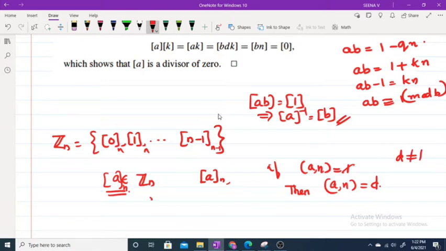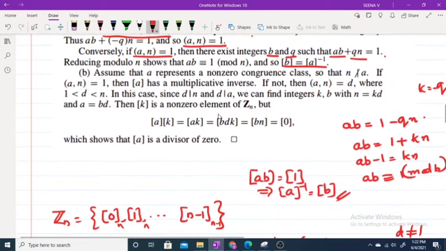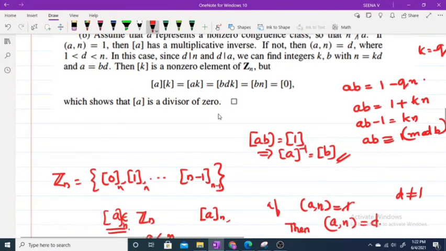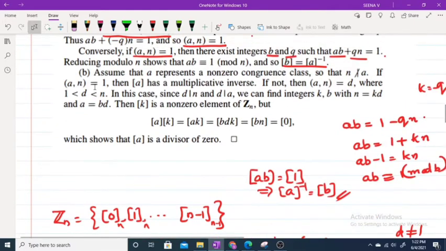From this, clearly a is less than n. A is less than n means clearly n does not divide a.